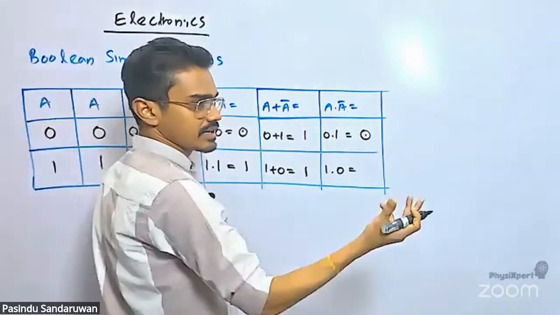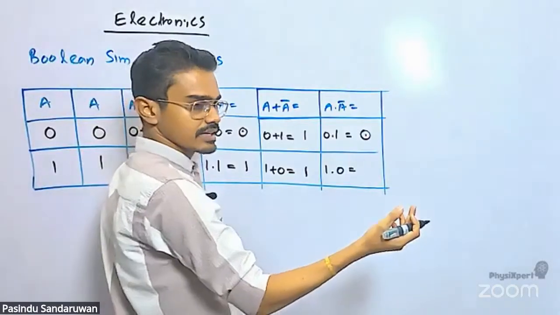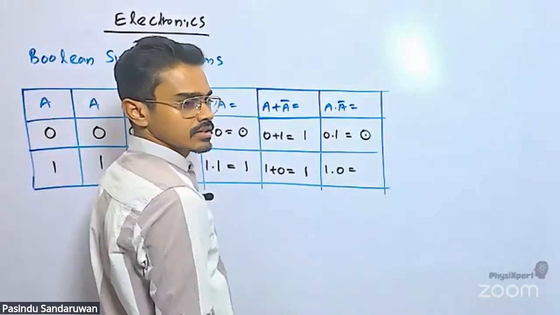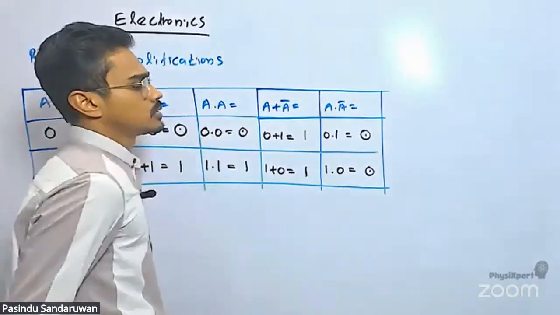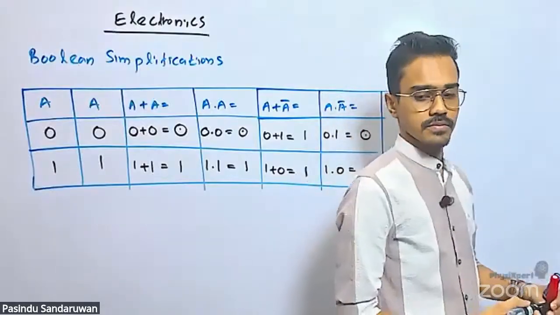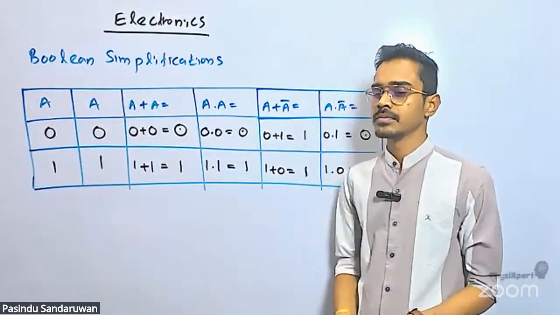If you don't have a current in one wire, then you are not going to have the current in the third wire. 1.0, 0. Right?